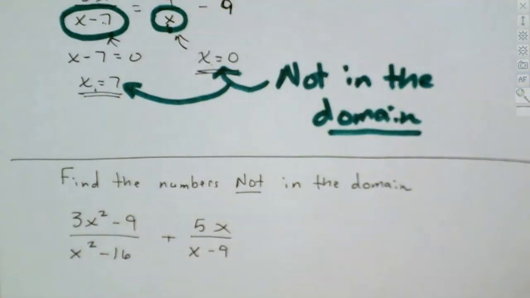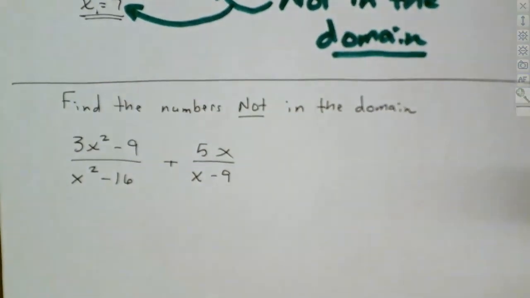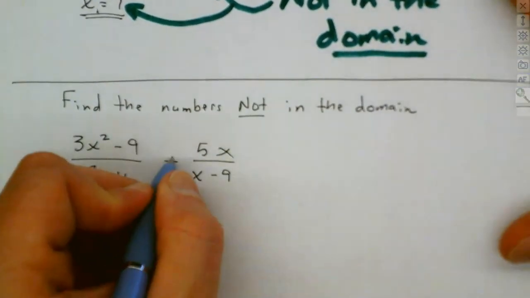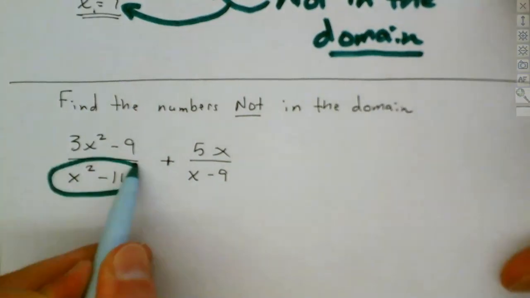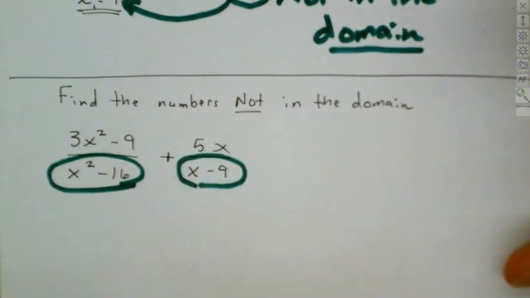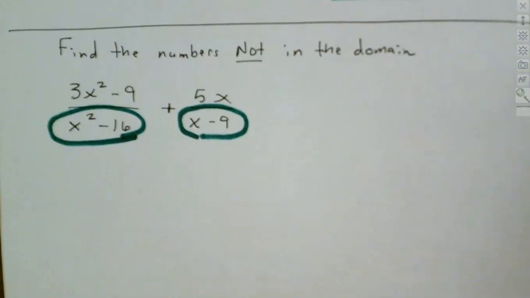So this was just an expression, and these can be either expressions or equations, and all we're doing is finding the values of x that are not in the domain. Well, what do we have for our denominators? We've got these two. This one is going to give us 3 solutions.